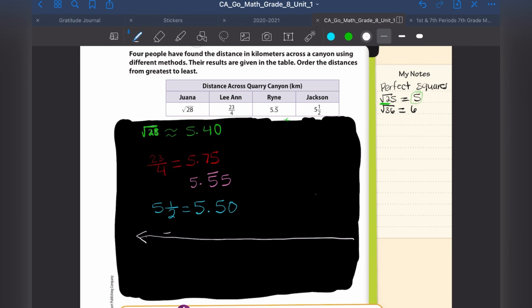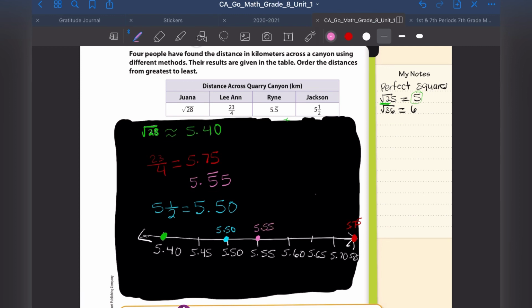So now let's start with 5.40, which is right here. And then we have 5.75 just down here. Then 5.50 right here, and 5.55, repeating.